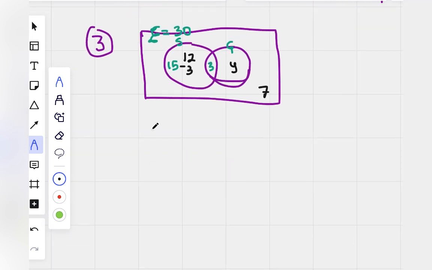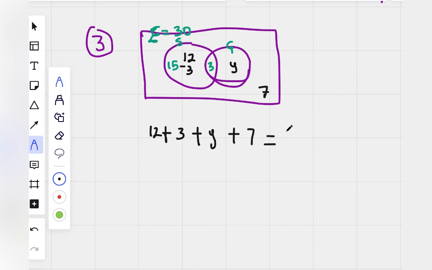How to do it? You say 12 plus 3 plus y plus 7, everything equal to 30. We don't know the number of students who study German only; that's why I put y, so that we can find it. Those who study neither, 7, equal to 30.